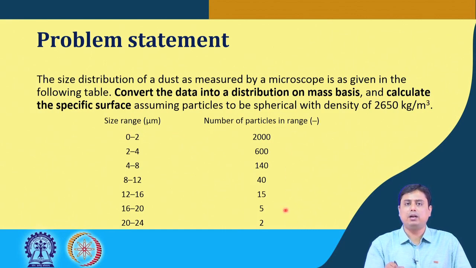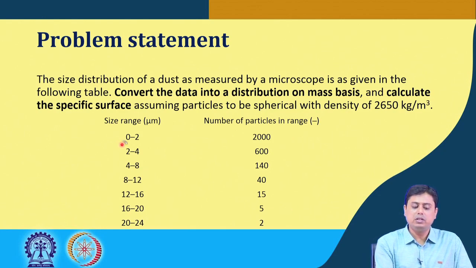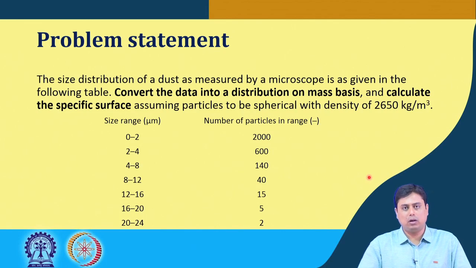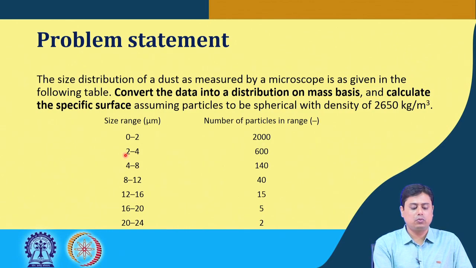It is given in a number distribution, that between 0 to 2 micron size particles, in this range we have counted it is to be around or exactly 2000 particles. The size of the particles when it goes from 2 to 4 micron, in this range we find that number to be 600. From 4 to 8 micron range, we find the number to be 140 particles in that sample.